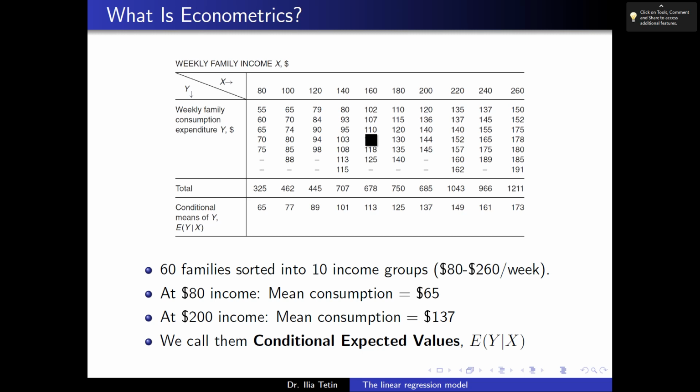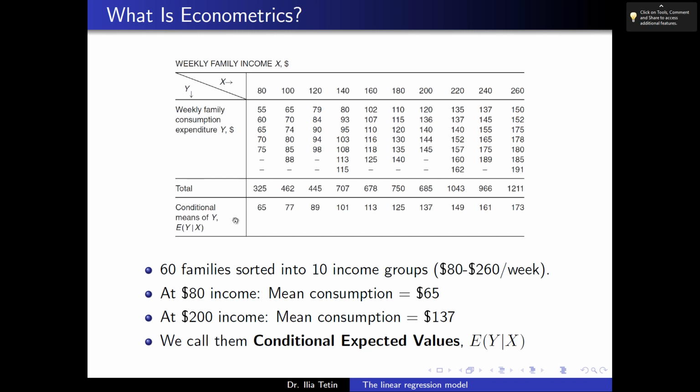This vertical line just represents "given X", and what will be consumption given the family income is 200? The conditional mean will be 137. So we are expecting that the family whose income is like that will consume $187. All right, so what is important here are those conditional means.